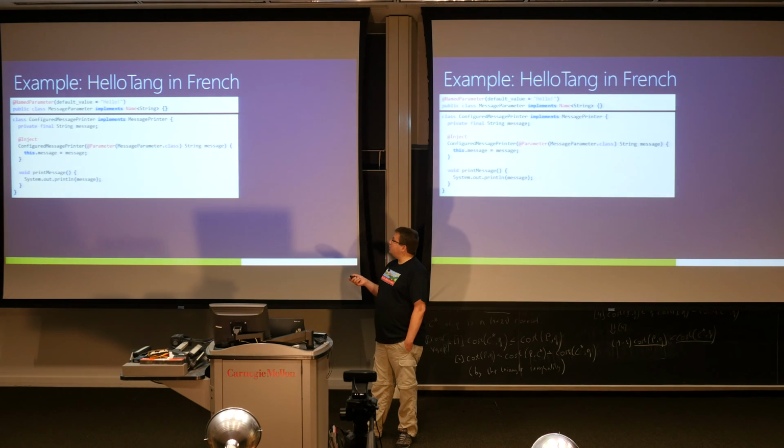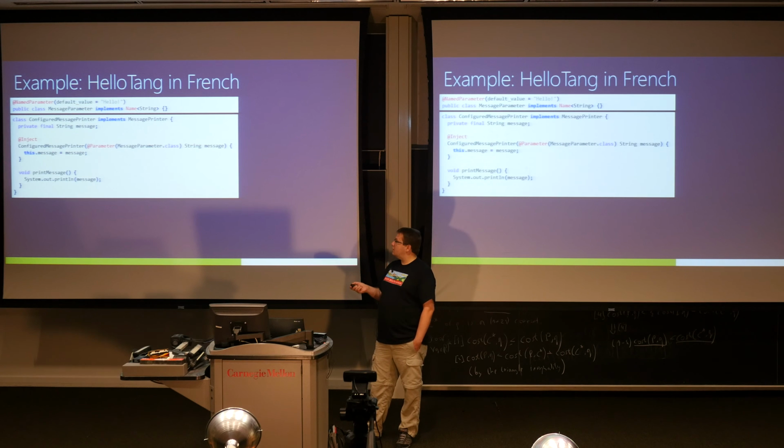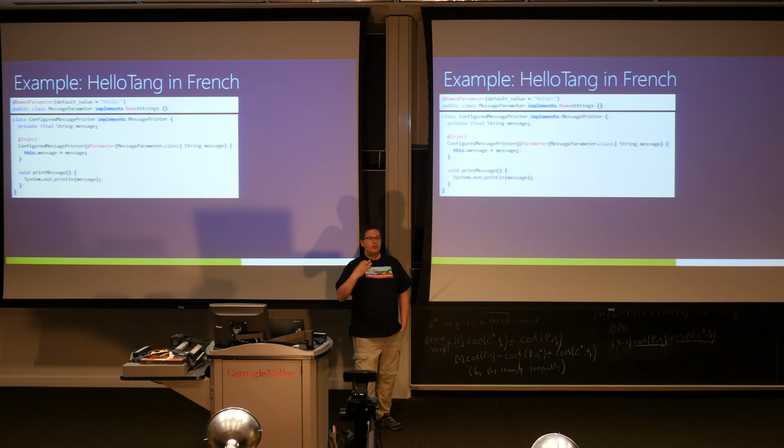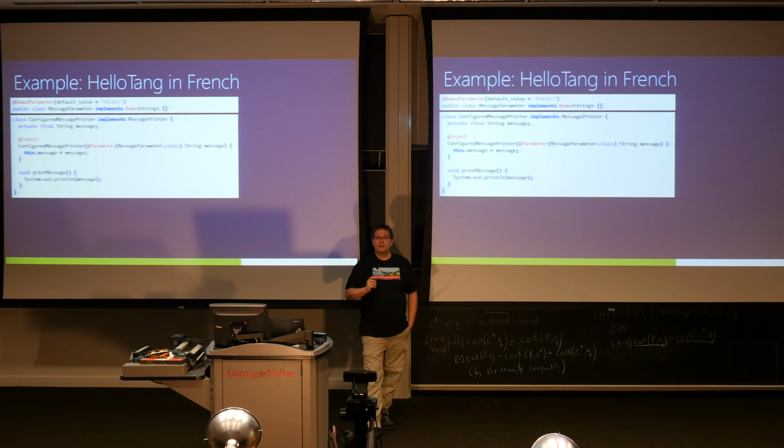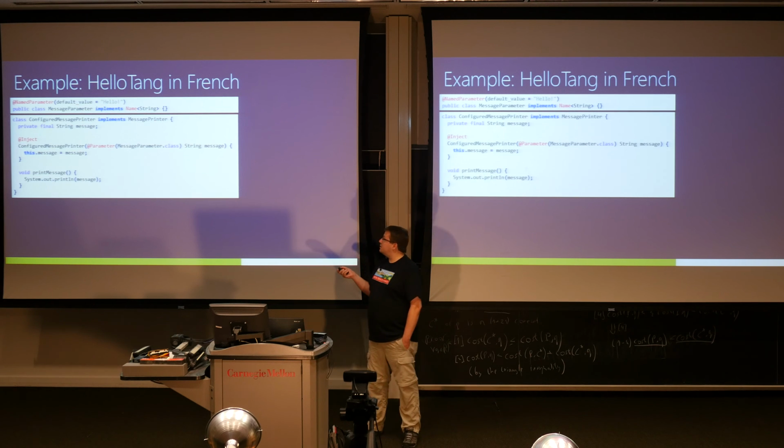We make ourselves a configured message printer, which has a message inside and prints it out. And just like before, the greeter would depend on an instance of a specific interface. This constructor depends on a value for a specific parameter. So you can now set this value to be whatever you want, and this class will pick it up.